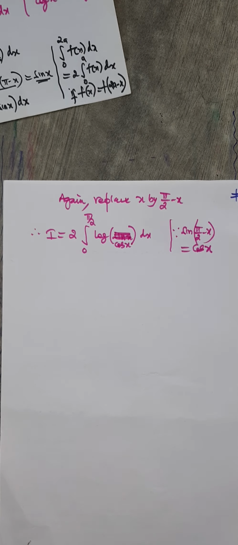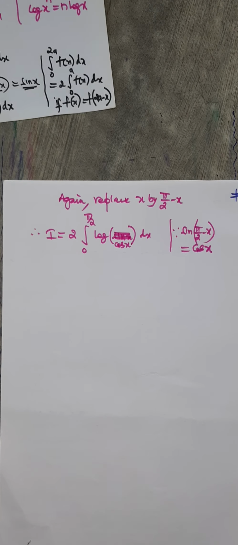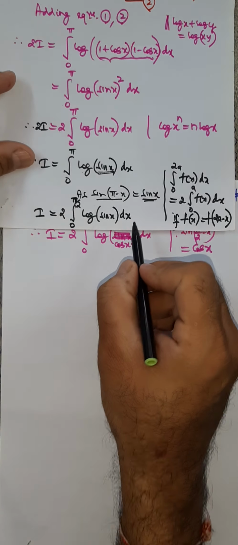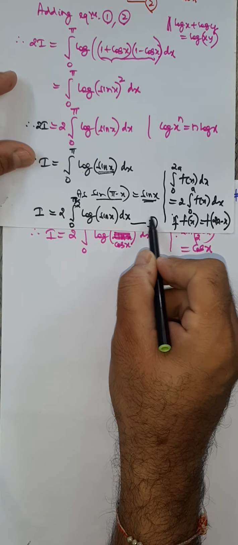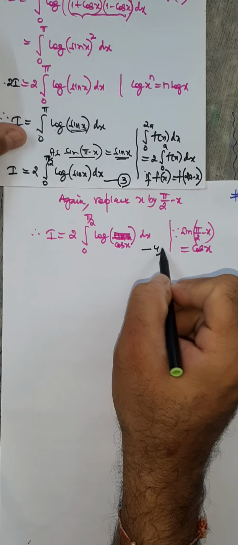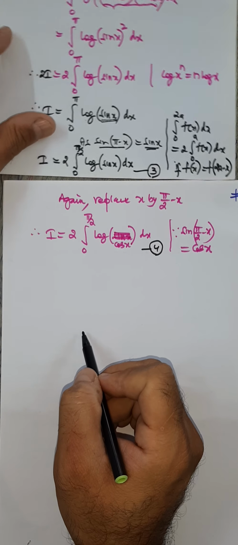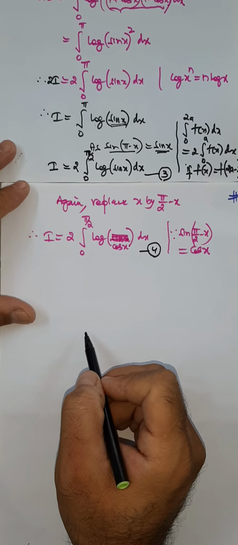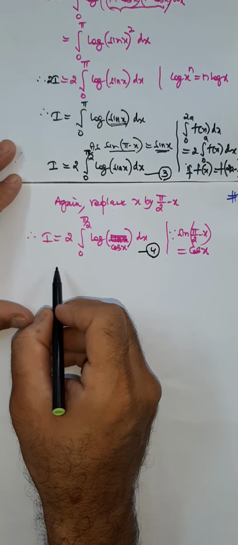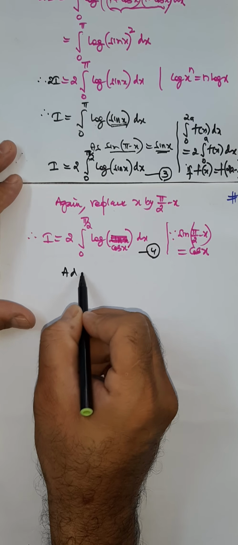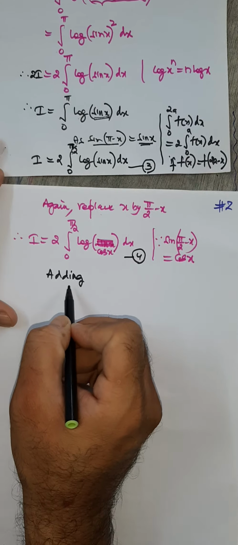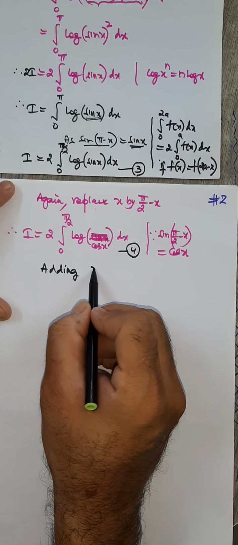Now we just add again; after using this property, we always add them. I'll call this equation 3 and this equation 4. So adding 3 and 4.